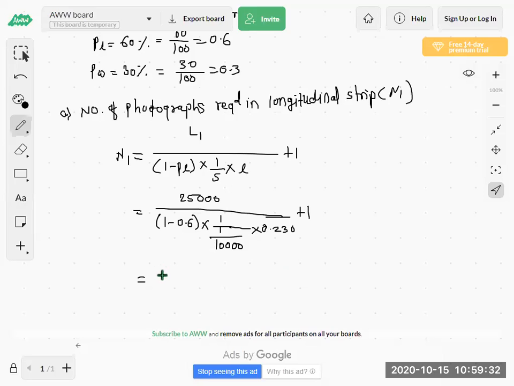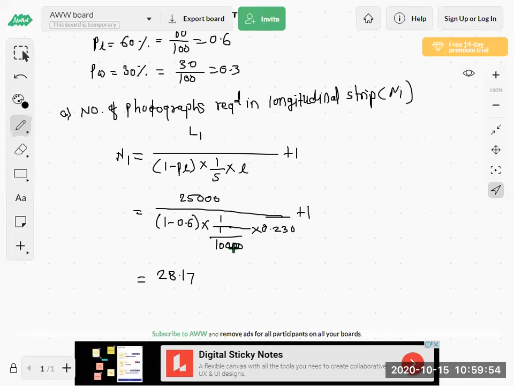Gauri has given me the answer 28.17. Nikita, 2.7 into 10 raised to 9. Please do the calculations again, this 10,000 comes up here. Something went wrong, check it Nikita. Actually, Gauri has given the correct answer, no problem.